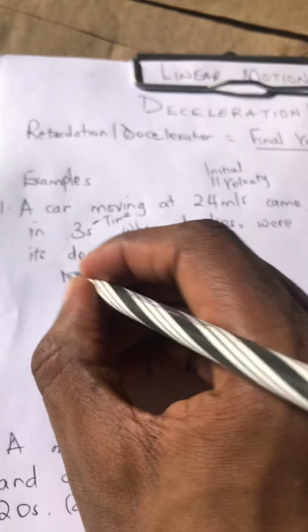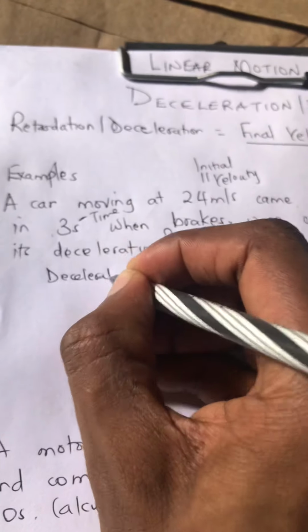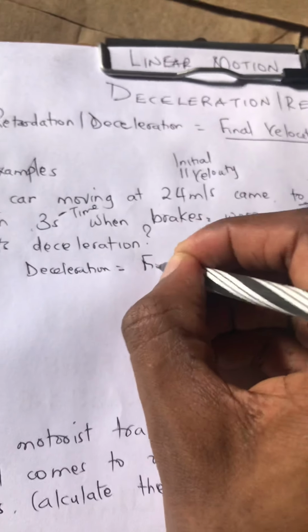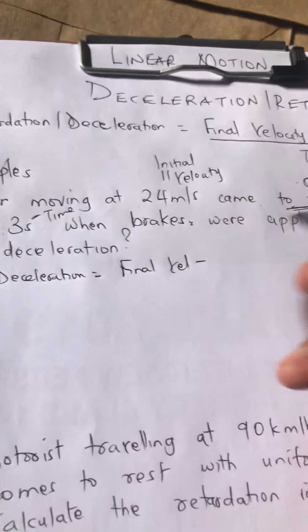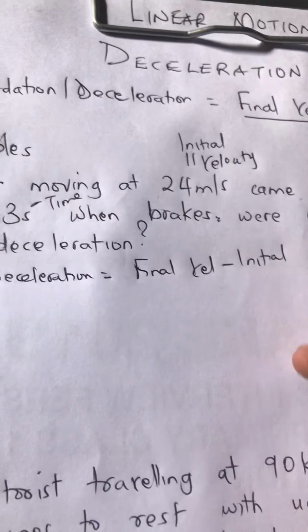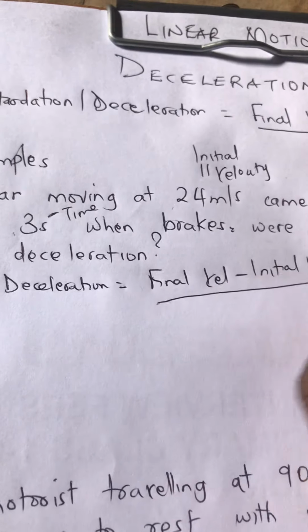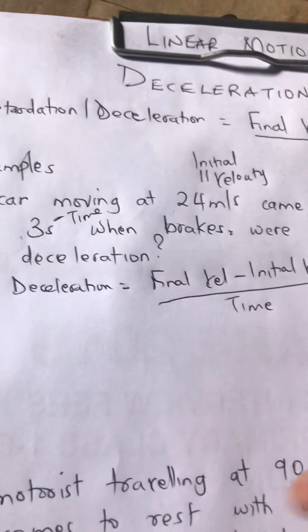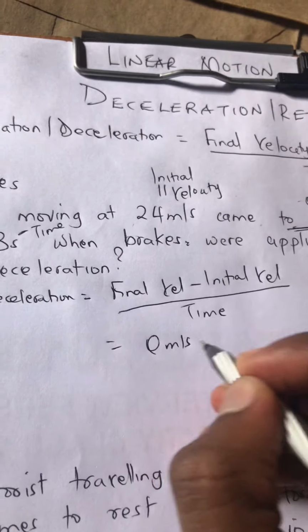Andika formula chini. Deceleration is equals to final velocity minus initial velocity divided by the time. Tumesema our final velocity is 0 meters per second. Our initial velocity is 24 meters per second, kwa sababu ilianzia 24 ikapunguzwa to 0.